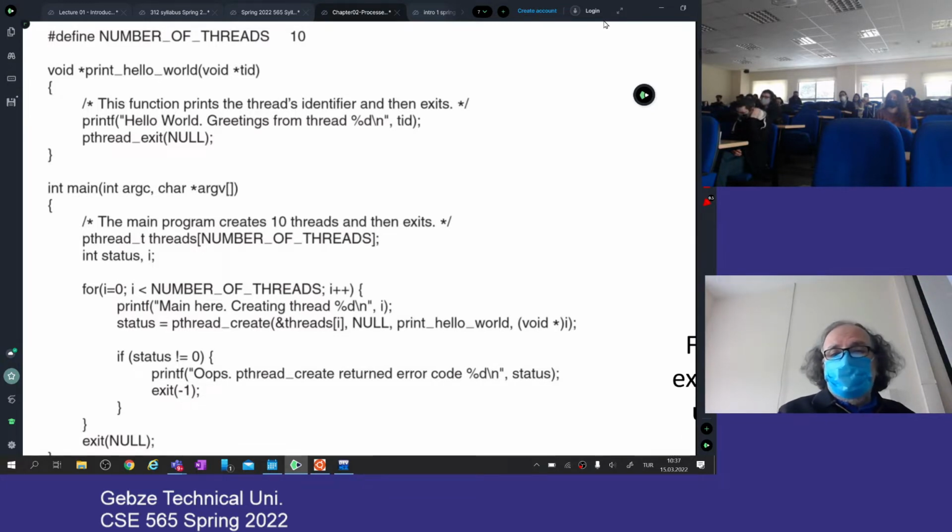As soon as you make these threads, let's say you made 5 threads, they are all ready to run. There is only one CPU. Which one is going to be picked to run first depends on the thread scheduler. Does that depend on the creation time?